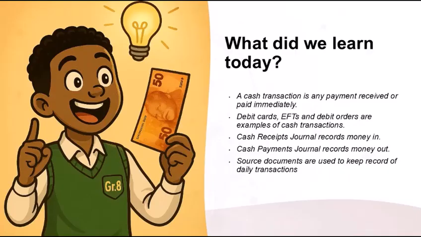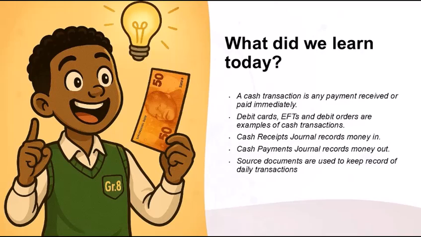Remember these important points. A cash transaction is any payment received or made immediately. Debit cards, electronic funds transfers, and debit orders are examples of cash transactions. It is not only notes and coins.